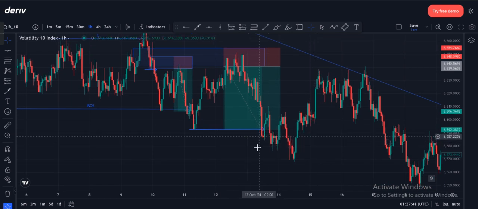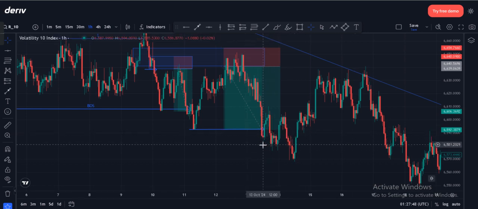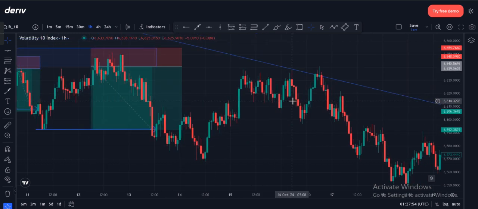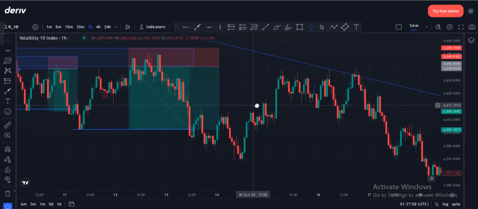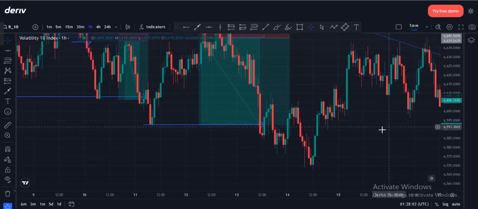Actually, there was also a breakout structure at this point, a retest, just as what we had here, and I would simply mark that level out so that you guys can also understand and see what happened in the market.